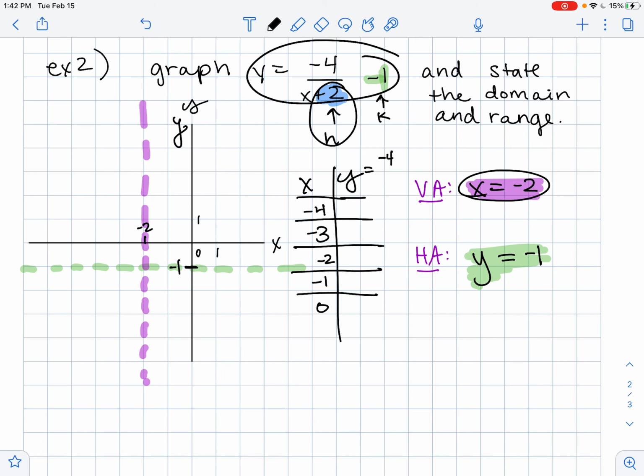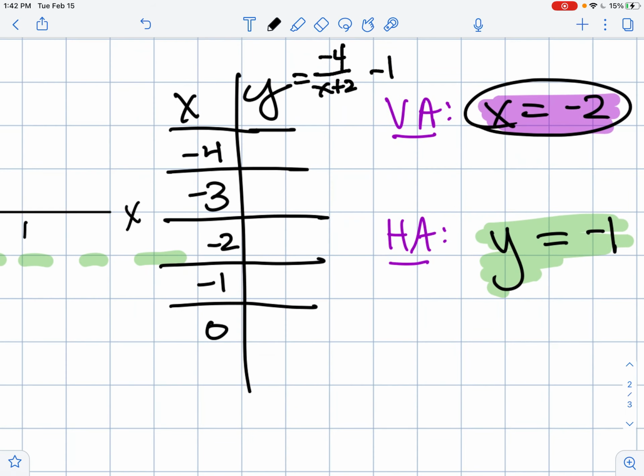So I'm going to plug this in to this equation here. So if y equals negative 4 over x plus 2 minus 1, we're going to plug those values in. So we get negative 4 over x, which is negative 4 plus 2 minus 1. Well, that's negative 4 over negative 2 minus 1, which is going to give me 2 minus 1 is 1.